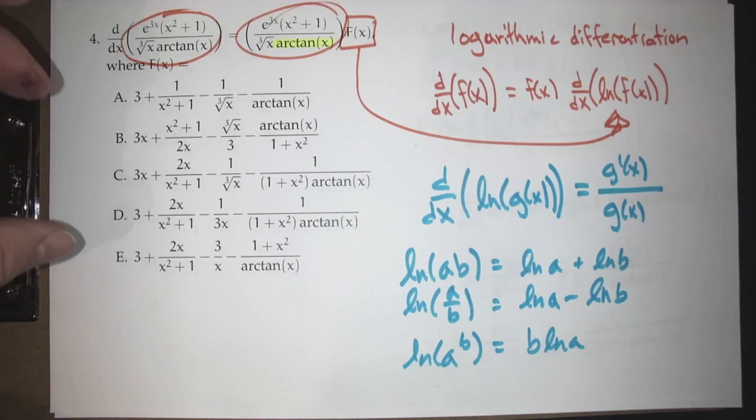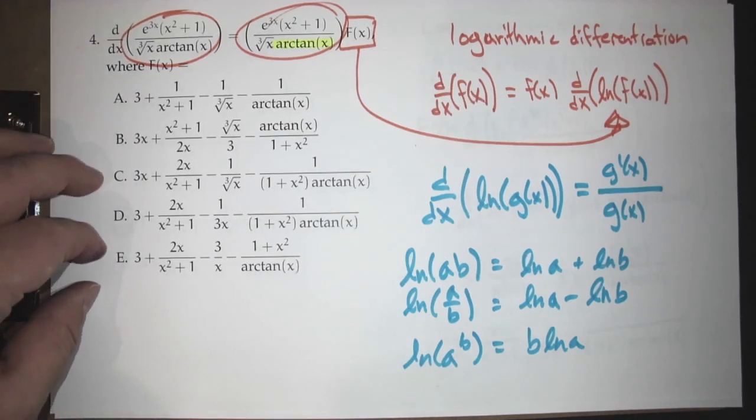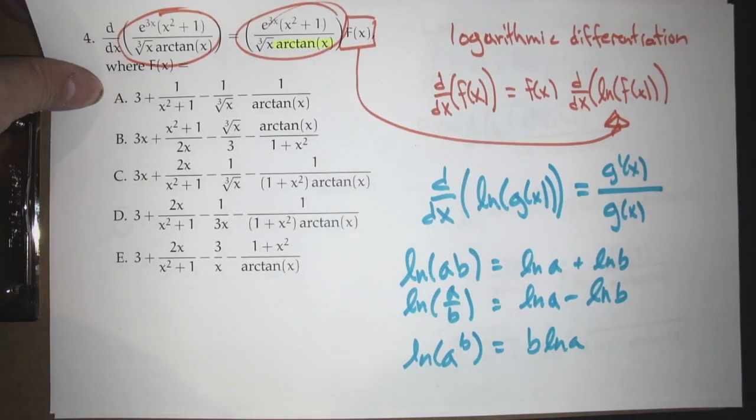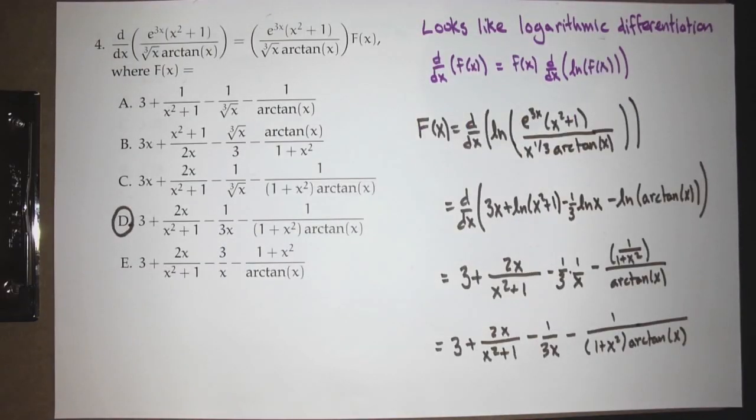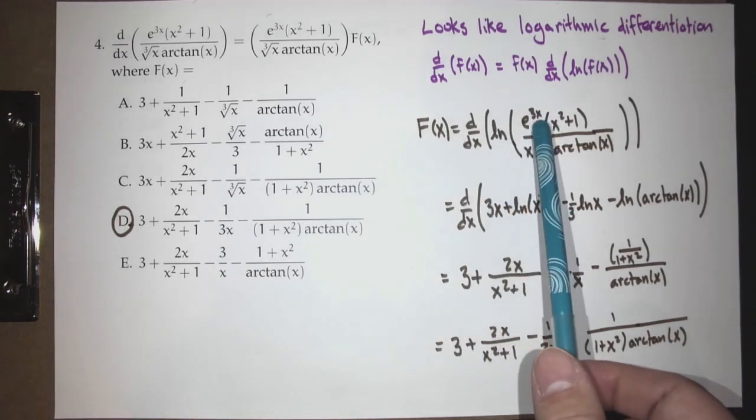All right, so we know where we're going. A, B, C, D, or E. What's the answer? D. Okay, so as we already talked about, we're taking the derivative. We just take it term by term.